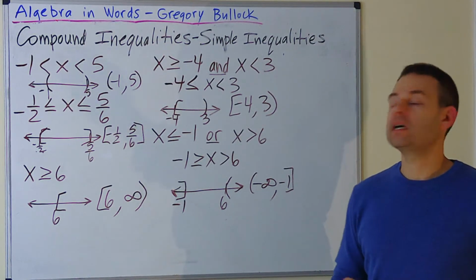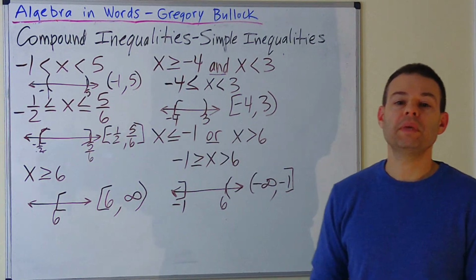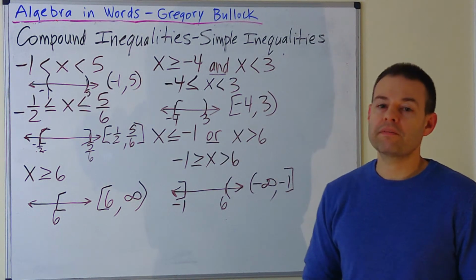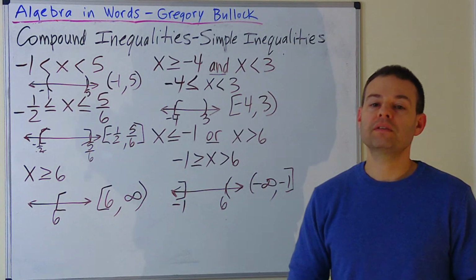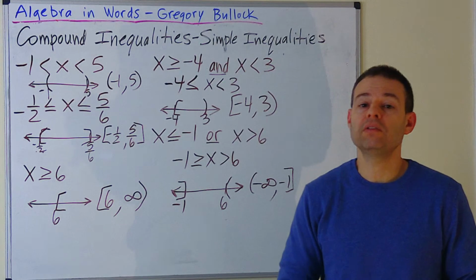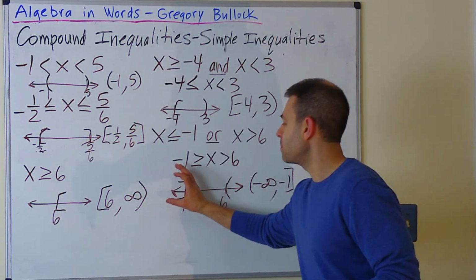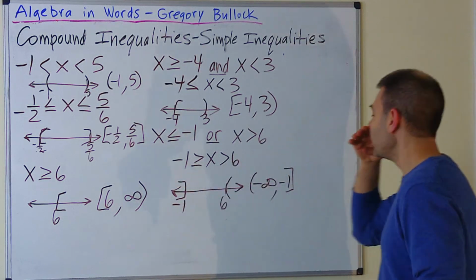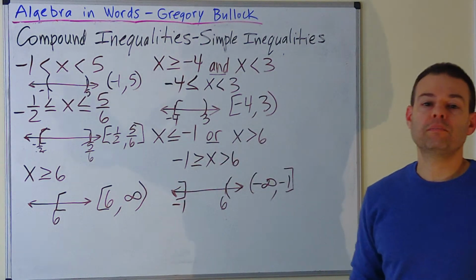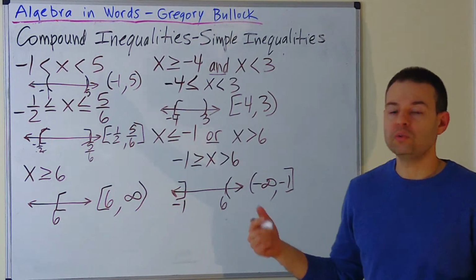Okay, and now, since this is asking "or", remember "or" means not where the values overlap, but bringing together all of the possible values of either simple inequality. So we're going to take all the values from this portion, and "or" we're now going to put into symbol as the U symbol, meaning in union with.